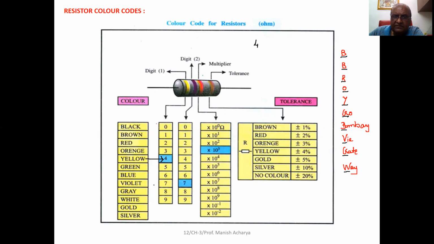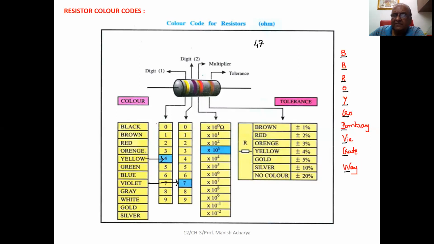Then violet. With violet, the associated value is 7, that is the ones value. It implies that our two-digit figure is 47.